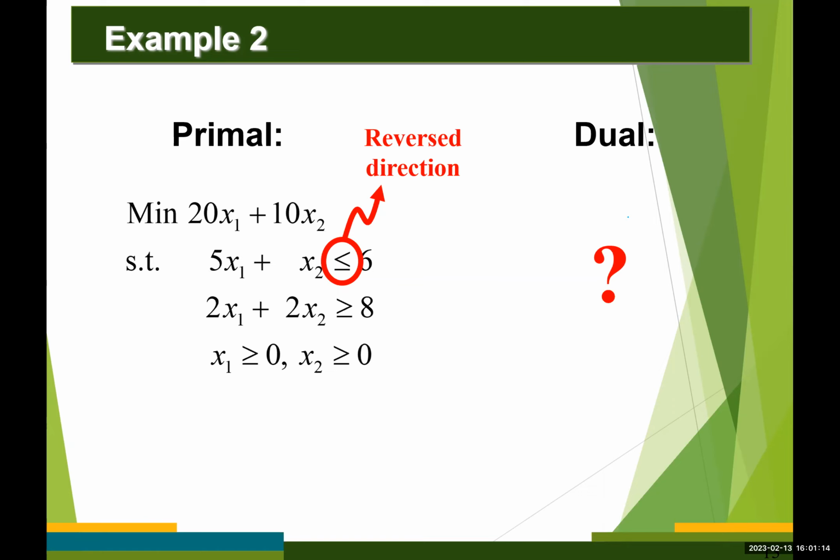And the non-negativity variable. But as it shows on this screen, what if one of the constraints has the sign reversed here? Then how could we construct the dual of this problem?